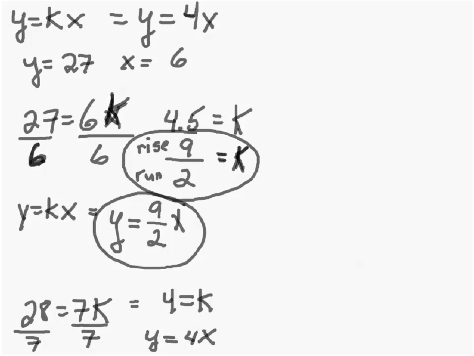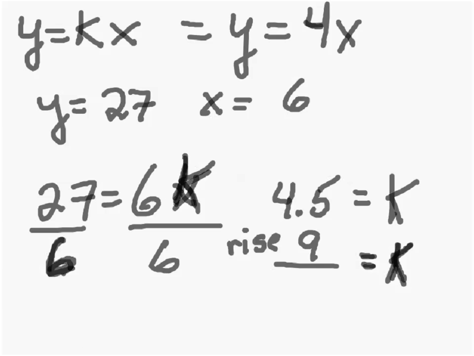What I'd like you guys to do is you guys are going to do 4 problems. Well, actually, before I do that, I want to do one more step. So you know how we just figured out what our y equals kx equation is.